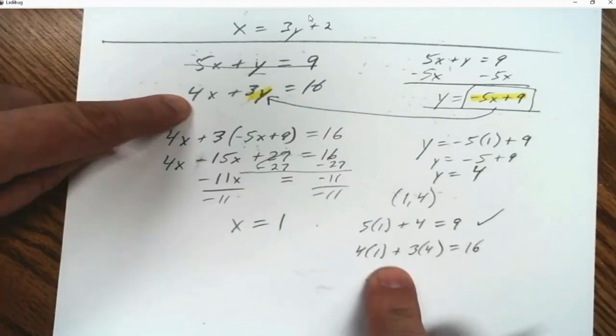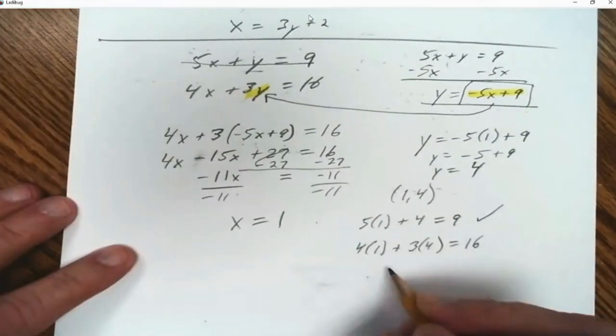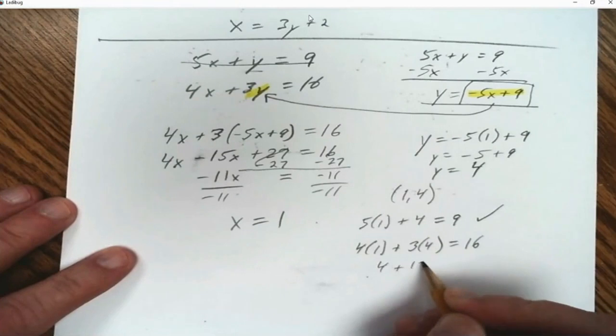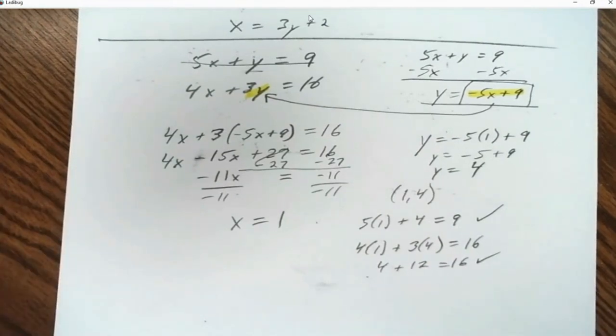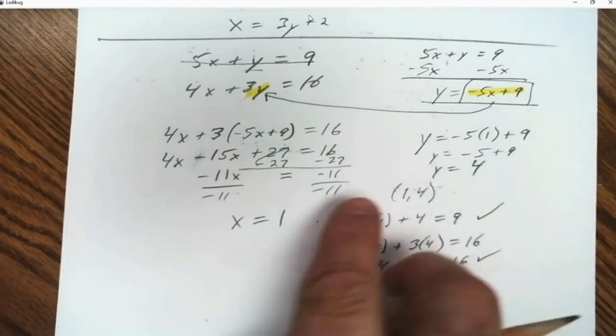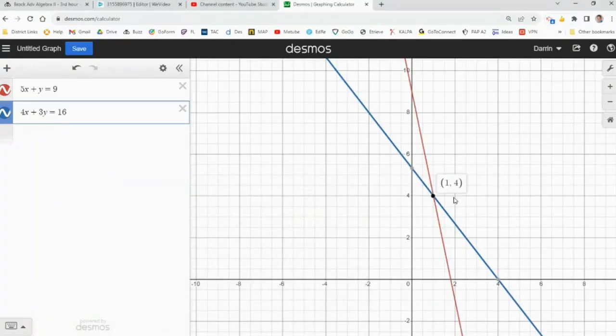So this is substituting in 1 for x and 4 for y. So this is 4 plus 12 equals 16. That checks out too. So checking our solution shows it's correct, and double checking it by graphing also gives us the answer.